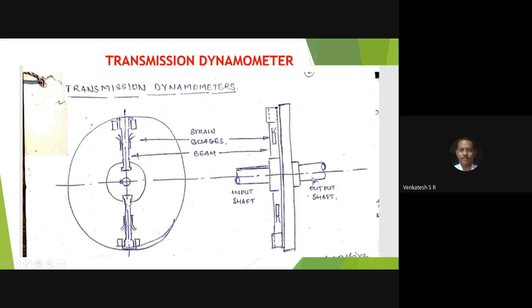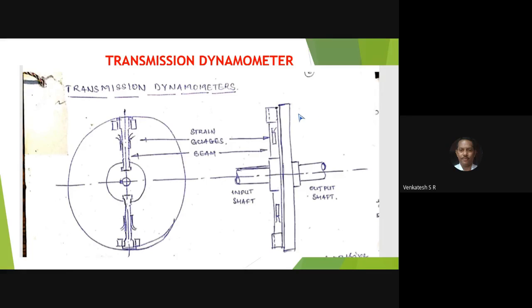From that you can calculate the torque of the power plant. This is called transmission dynamometer. The name itself indicates transmission, transmit the power from one point to the other point. At the other point, you can measure the speed of the shaft by using a tachometer. Then you can calculate the torque.